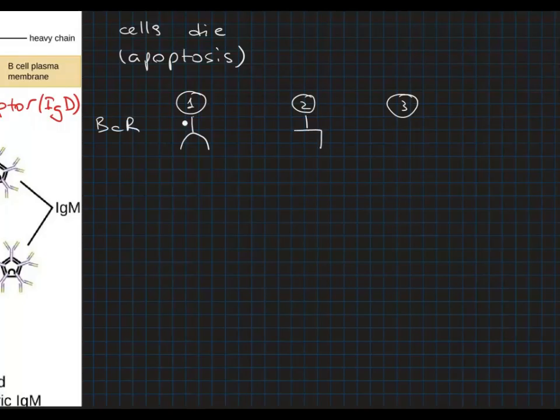Population 2 has another, and population 3 has another. So here comes the antigen. This antigen, which receptor is it going to bind? Number 1. And that selects that population of B cells called the clone.